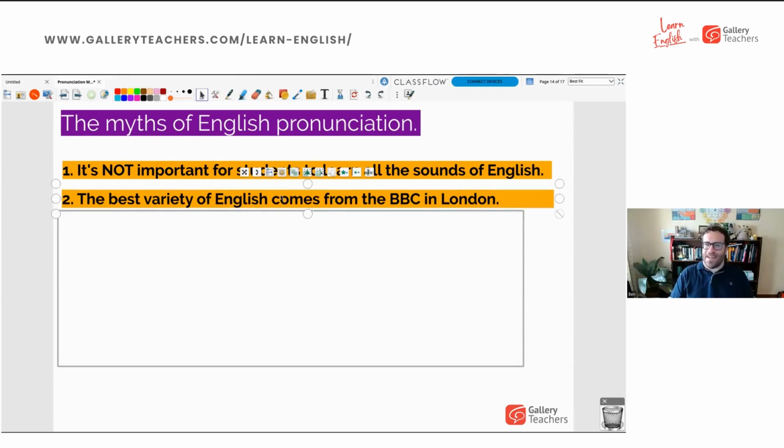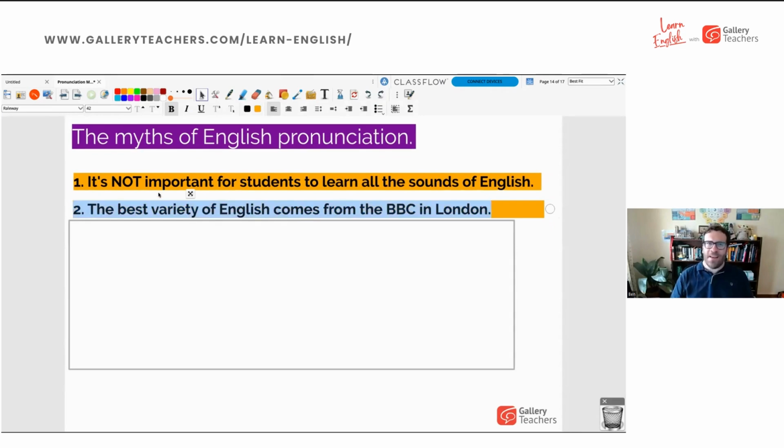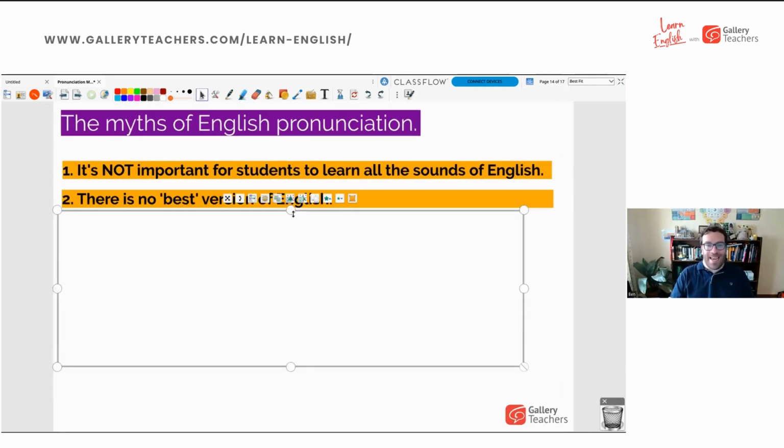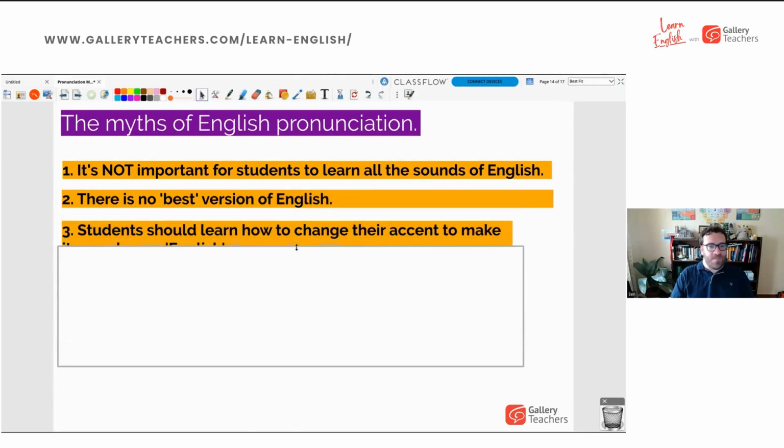Lots of people believe this, and I have seen some YouTube videos saying that this is true, but it isn't. The truth is, there is no best version of English. It doesn't matter where the English comes from. If people are speaking it, it is correct. Okay, and about number 3.